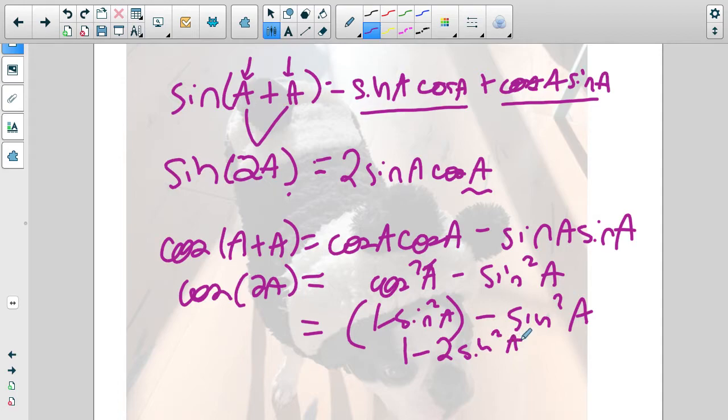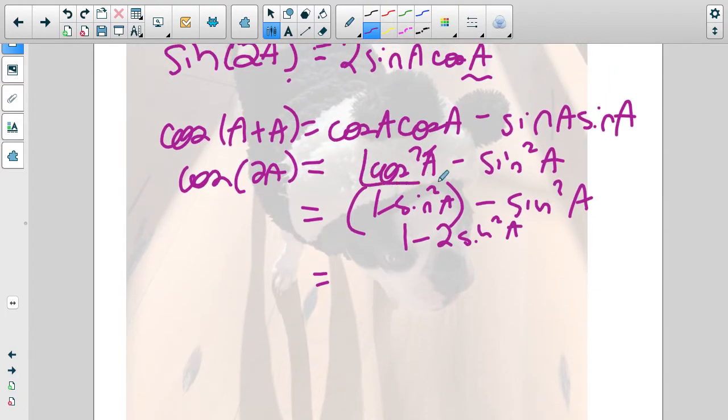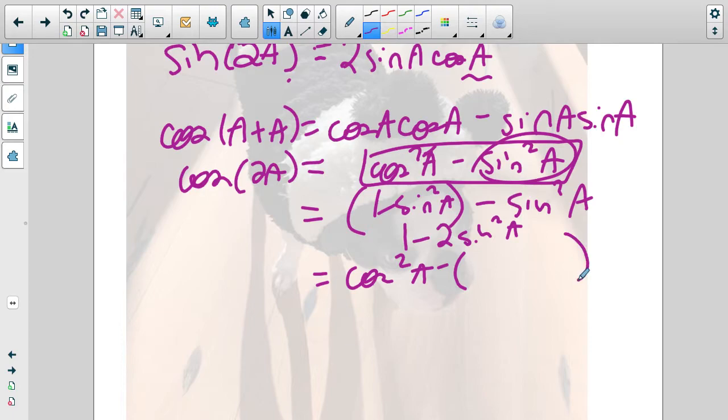Or, as long as I'm doing that, couldn't we do this? We could go back to this statement, and I just changed cosine squared. Let's leave cosine squared alone and change sine squared. But be careful, I have to subtract the whole statement I'm about to put in. What is sine squared? 1 minus cosine squared.